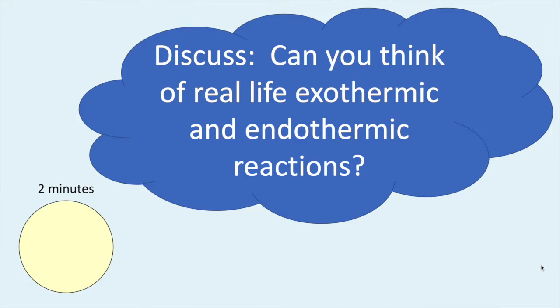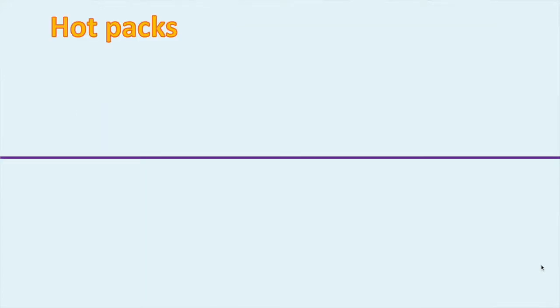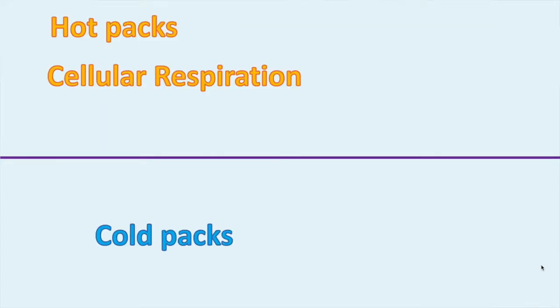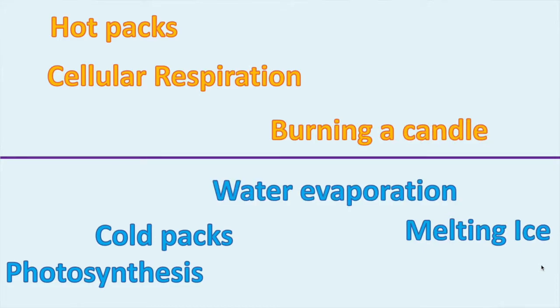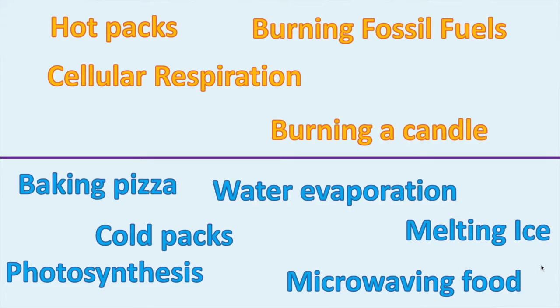Once you've thought about them for 2 minutes, there are then a selection of examples on the next slide of the PowerPoint. So I separated them into orange and blue. So orange we often associate with warmth, and so they're going to symbolise those exothermic reactions, whereas the blue is for the endothermic reactions.